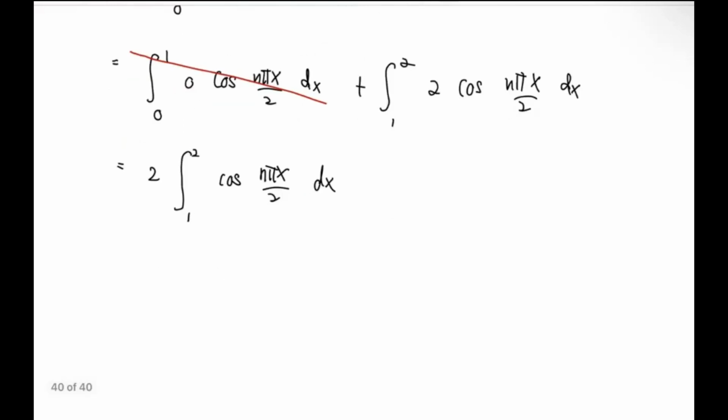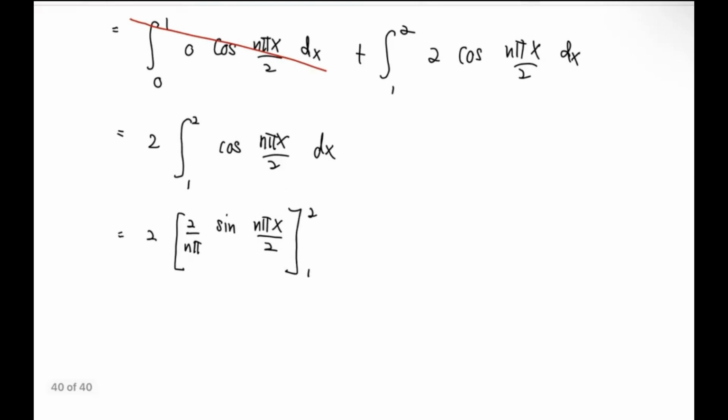So we want to integrate cos. So integration of cos is sine. So 2, integration of cos is sine n pi x over 2 divided by derivative of n pi x over 2, which is n pi over 2. Or this one I should write as 2 over n pi, from 1 to 2.